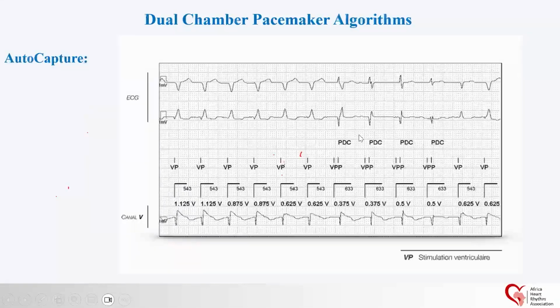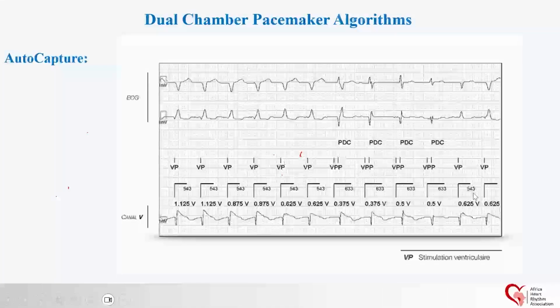perte de capture or loss of capture, LOC, and the pacemaker will do a backup. That means the pacemaker paces here, but it fails to depolarize the myocardium. But here it will give a backup of 5 volt. Here 0.3 will not capture, but we will give a backup of 5 volt.